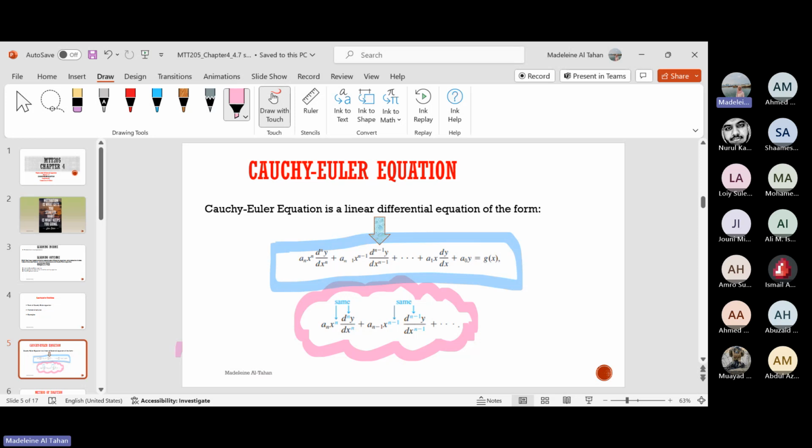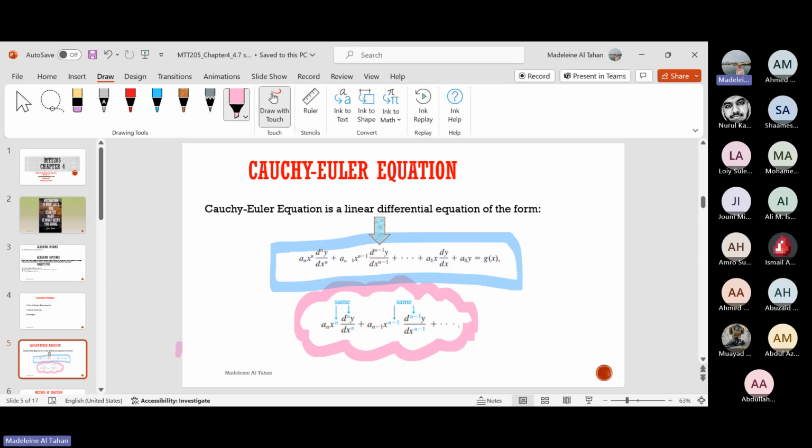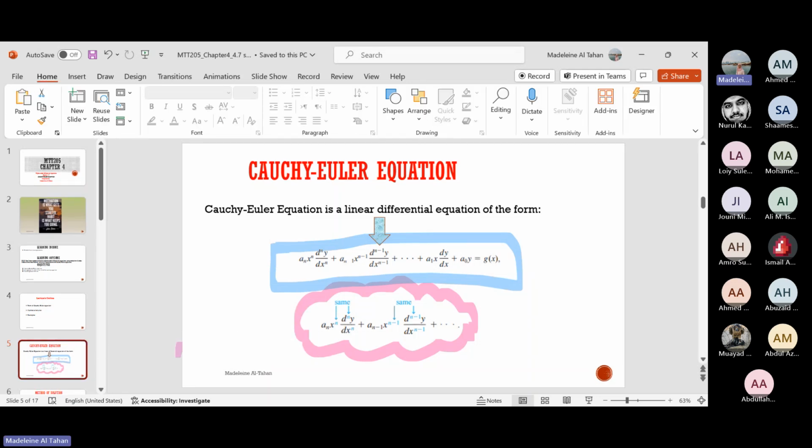What do we have before each y or y prime or y double prime? We have x to a power, the same as the derivative order, right, miss? Did we notice that? Yes.